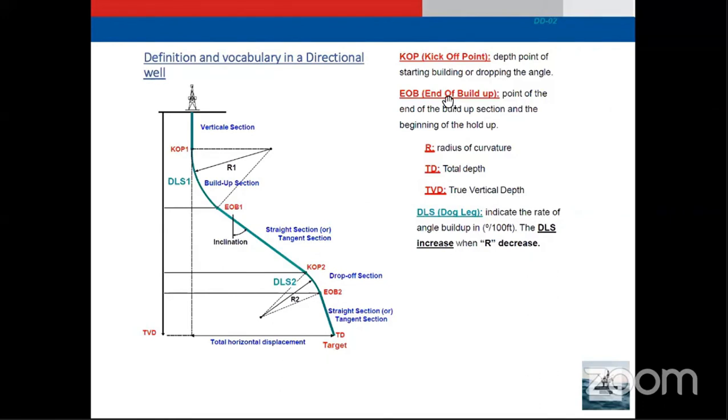Another question: what parameters are checked at the time of survey after each stand? Okay, you mean a stand, or joint stand. It is 90 feet, or according to the pipe you drill. The parameters after each stand, as I mentioned, we check with MWD and directional drilling units. MWD stands for measurement while drilling, and DD is the directional drilling unit.